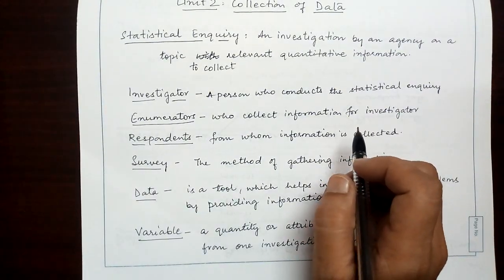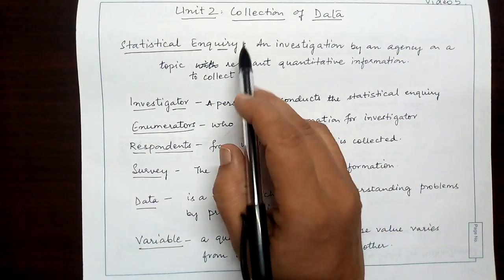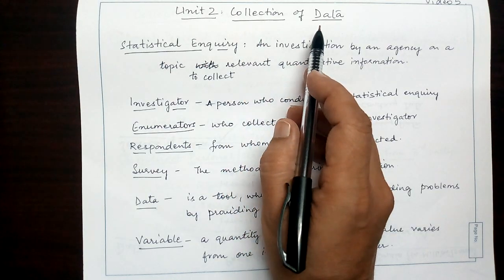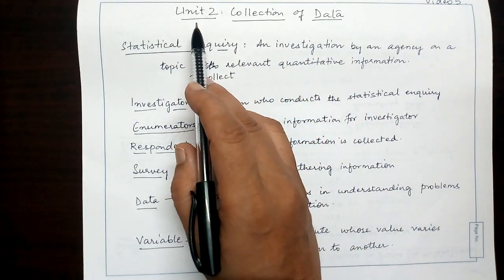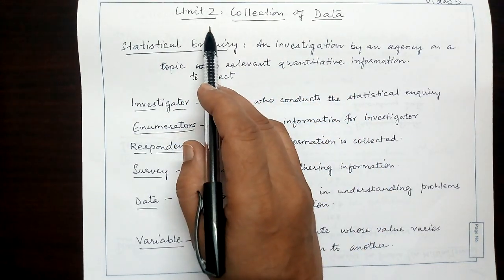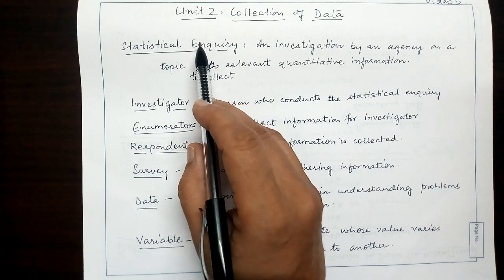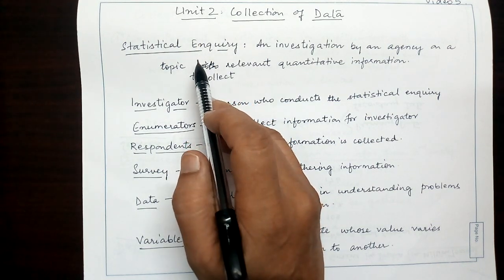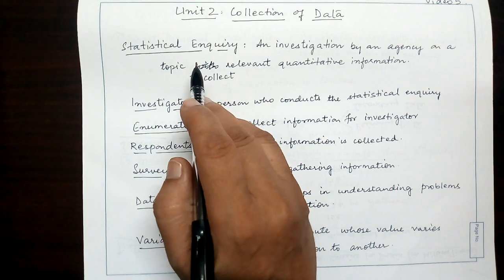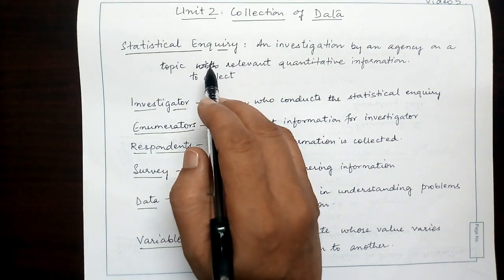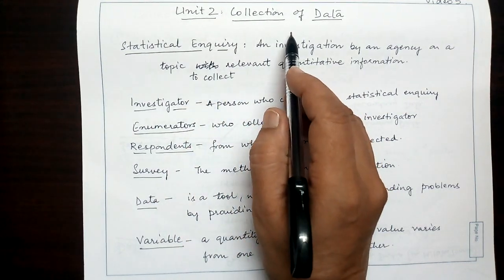In our video number 5, let's discuss the collection of data, which happens to be unit number 2 in Statistics for Economics of class 11. Let's first understand what a statistical enquiry is and how data is collected for the purpose.